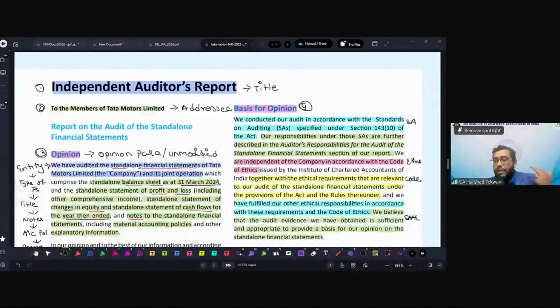SA, ethics, code, and sufficient and appropriate audit evidence. This is something is required to be mentioned in your basis of opinion paragraph. You can say that SECA or SECS, basically. That is the SA, ethics, code, sufficient and appropriate audit evidence.